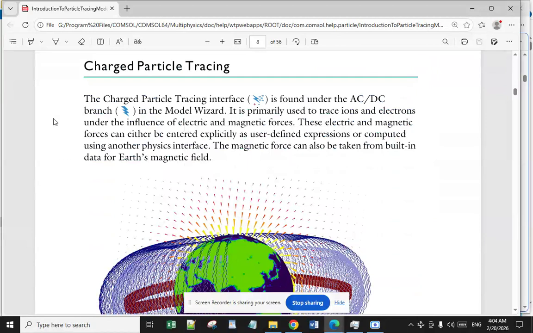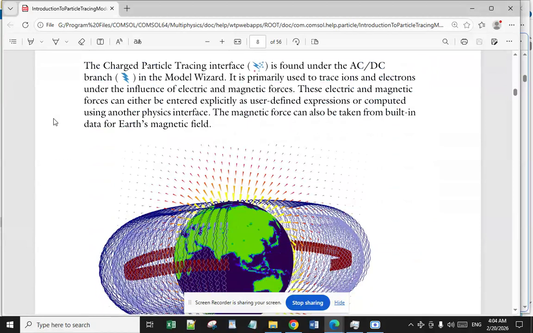The Charged Particle Tracing interface is found under the AC/DC branch in the Model Builder. It is primarily used to trace ions and electrons under the influence of electric and magnetic forces. The electric and magnetic forces can either be entered explicitly as user-defined expressions or computed using another physics interface.